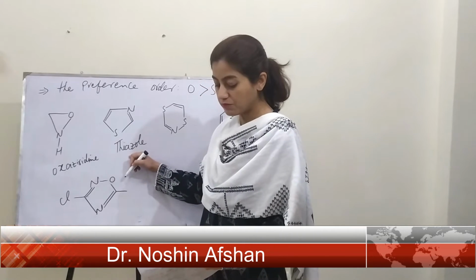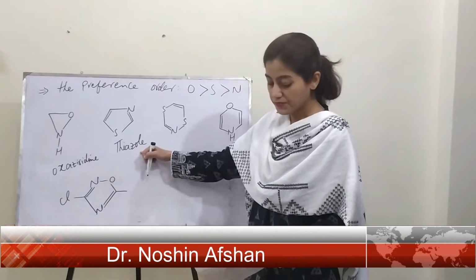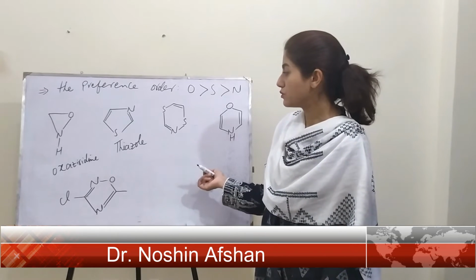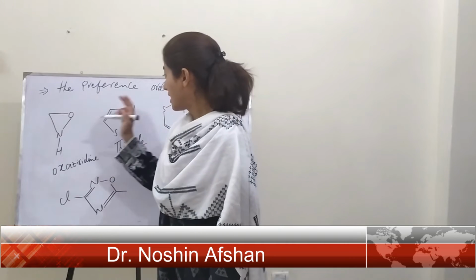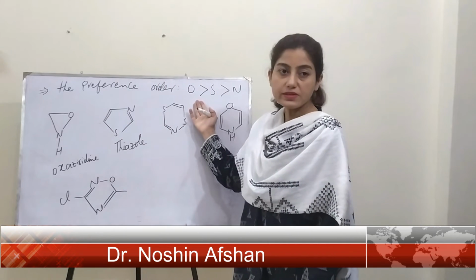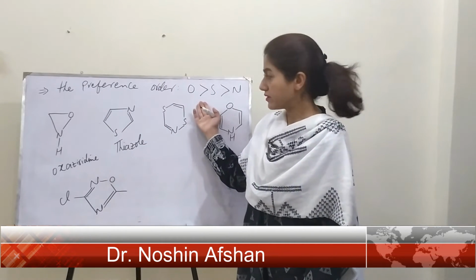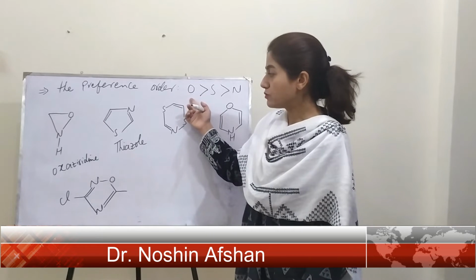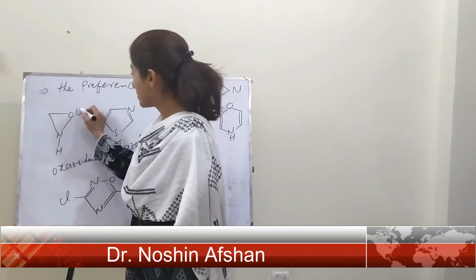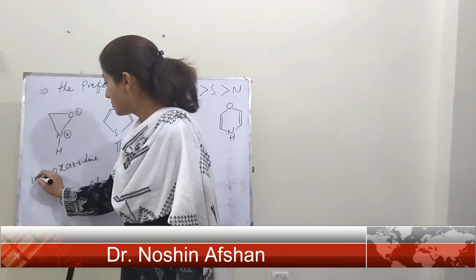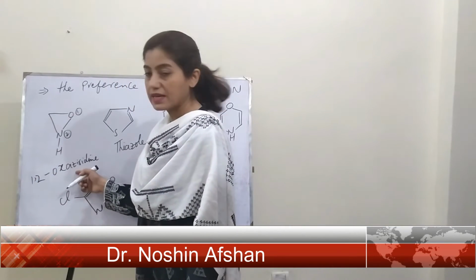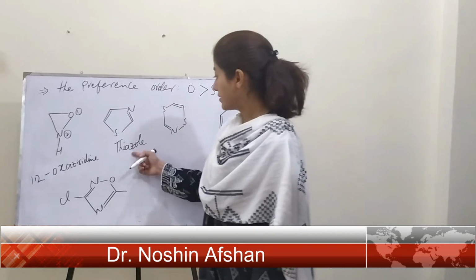So the complete name would become thiazole, but we also have to mention the positions of these heteroatoms. Based on this preference order, this oxygen would be given priority, so it would be given number 1 position and the nitrogen would be given number 2. So here it would become 1, 2 oxaziridine.